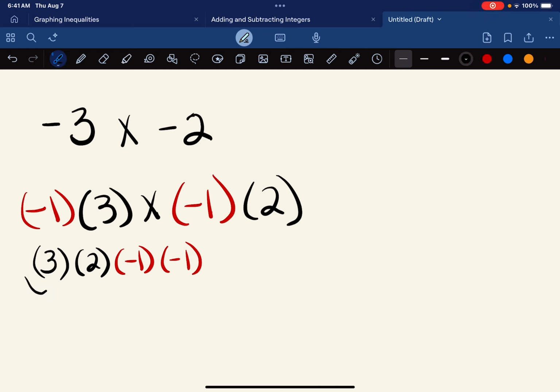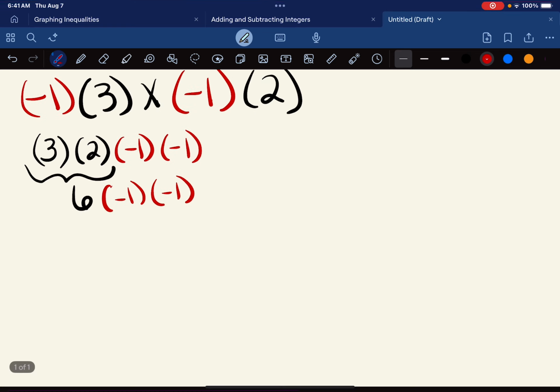We have 3 times 2, which gives us 6. And then we're still multiplying by our -1 times our -1 again. Now, another way to think about multiplying by a -1 is it just means that we are changing directions. Instead of going in the positive direction, we're going in the negative direction, right?